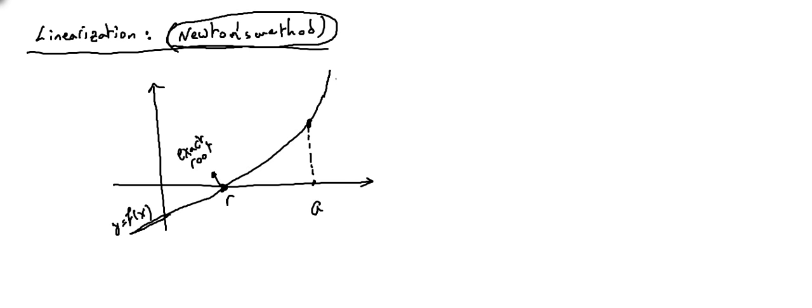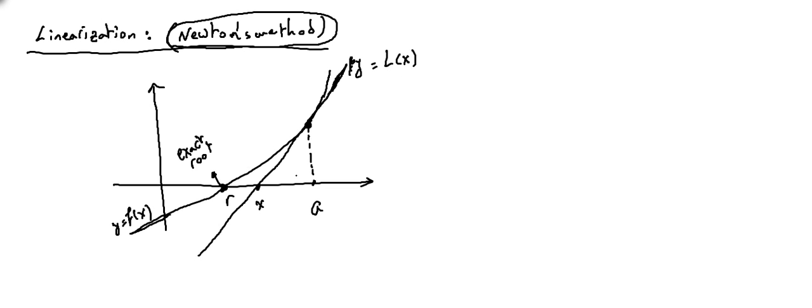At this point we draw the tangent, and simply we will have a root here. Now this line, as we did in the previous video, is y equals the linearized form of this function, and there is an error.